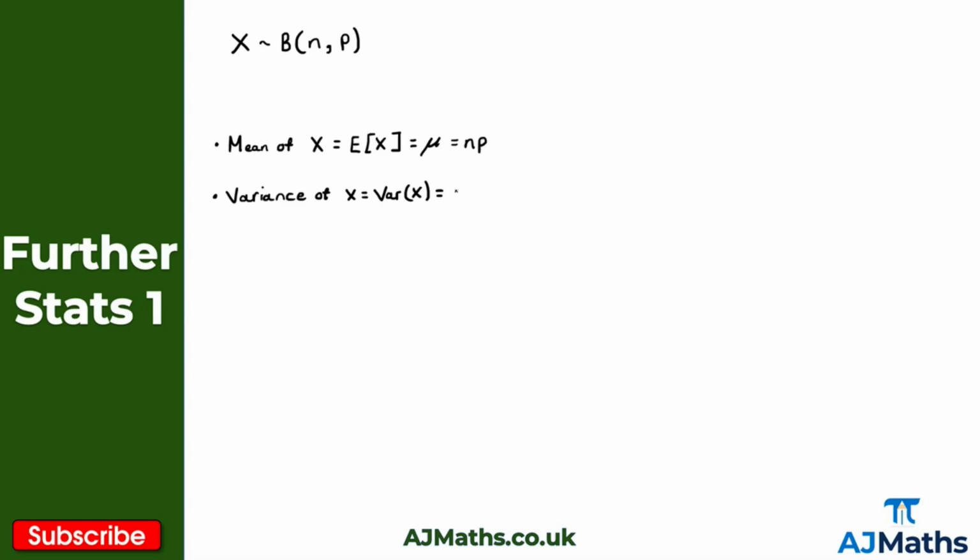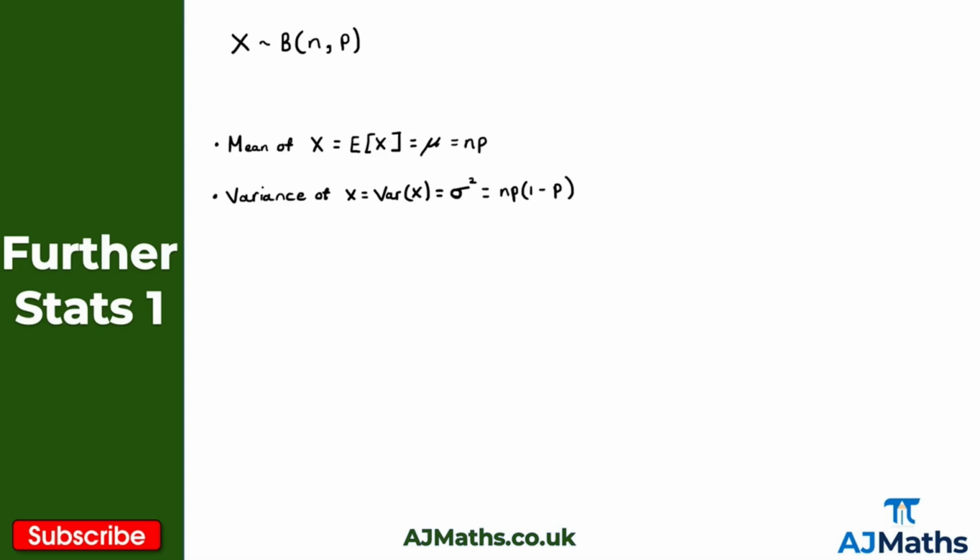We've got sigma squared, and this is equal to np times 1 minus p. Remember, np is the mean, so it's the mean times 1 minus p. So if x follows a binomial distribution with parameters n and p, the mean is given as np, and the variance is given as np times 1 minus p. That's everything that we need for the mean and variance.